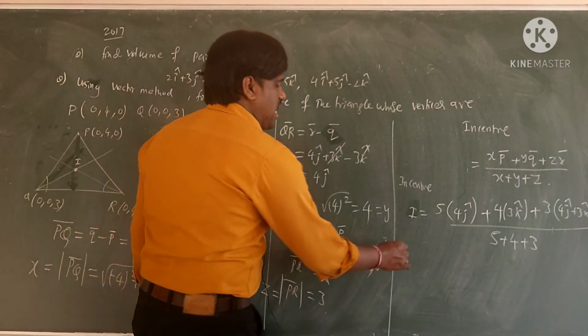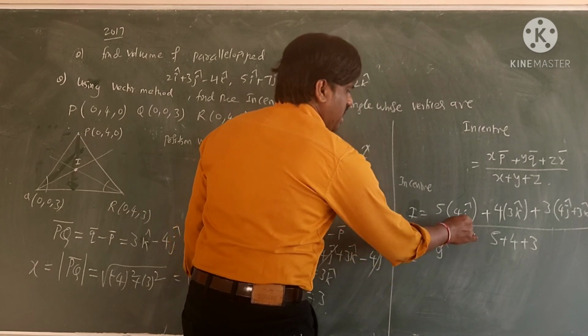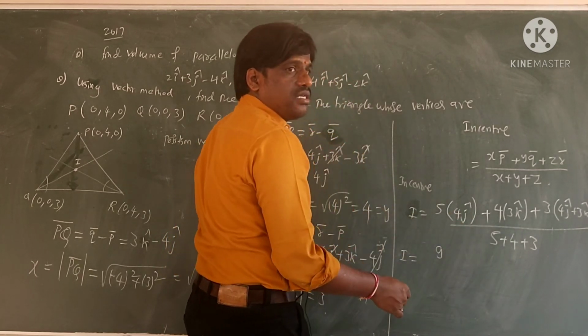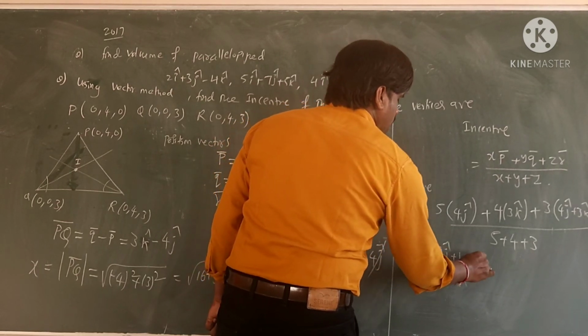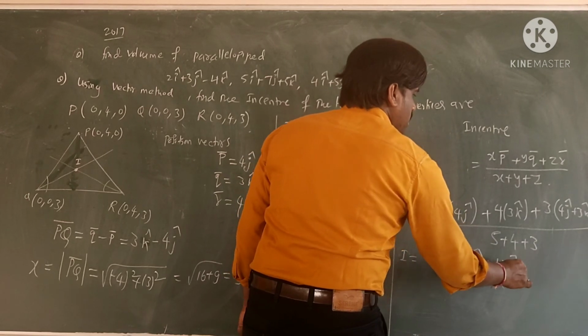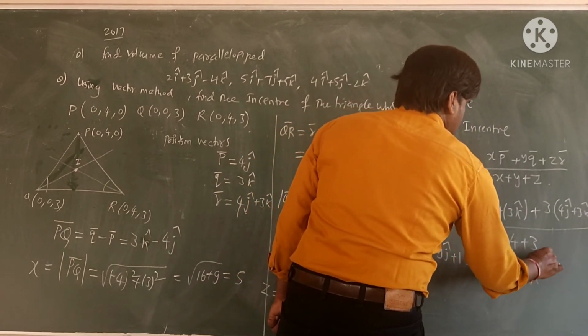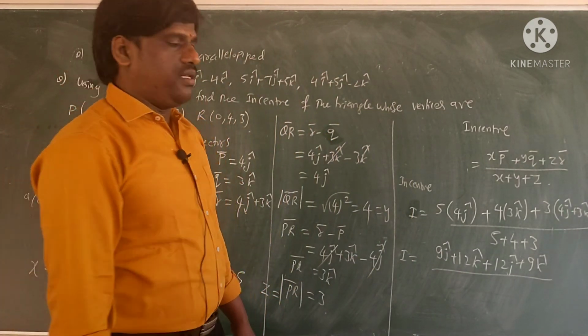So incenter I is equal to what you got here: 9j plus 12k plus 12j plus 9k, divided by 5 plus 4 plus 3, which is 12.